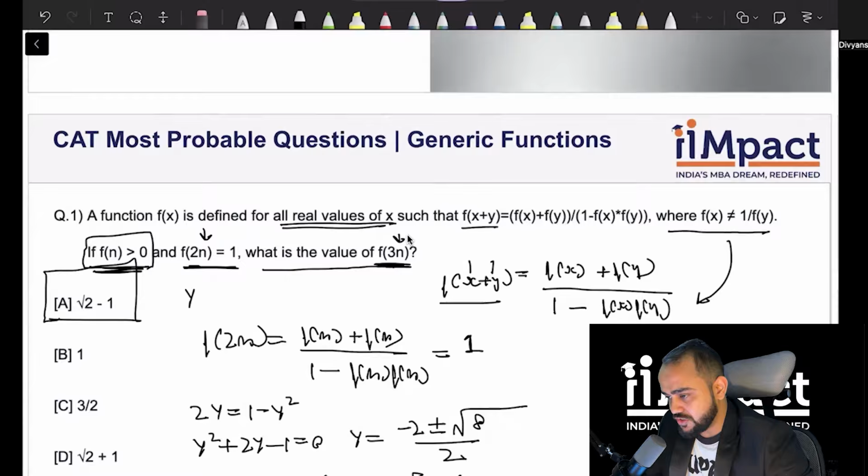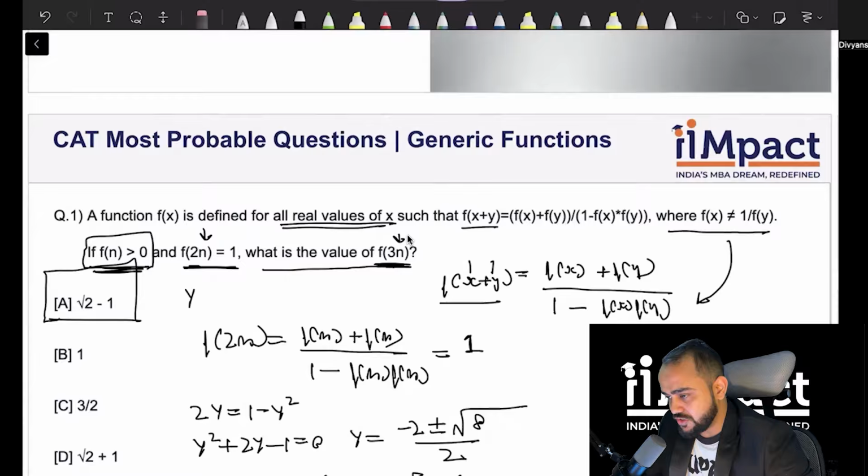Nothing here for us. Now f of n is greater than or equal to 0 and f of 2n is equal to 1. What is the value of f of 3n? Now what I have been given is f of 2n and I have to find f of 3n. They have explicitly mentioned that f of n is greater than 0.